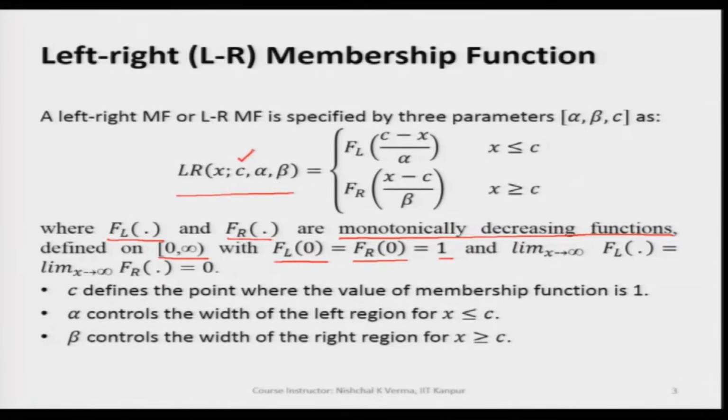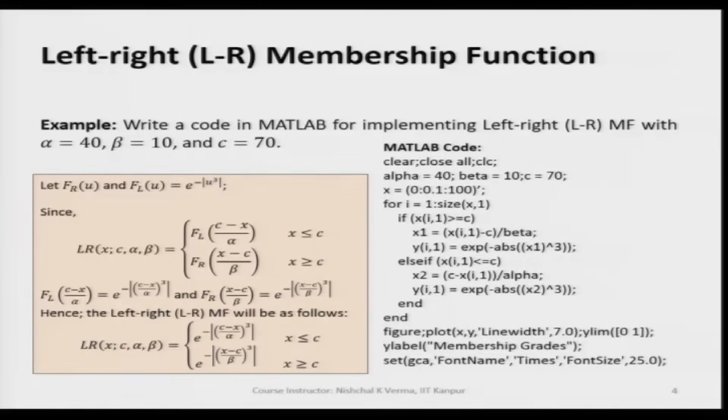C defines the point where the value of the membership function is 1, and alpha controls the width of the left region for x less than or equal to C. Beta controls the width of the right region for x more than or equal to C. This way we define a left right membership function.